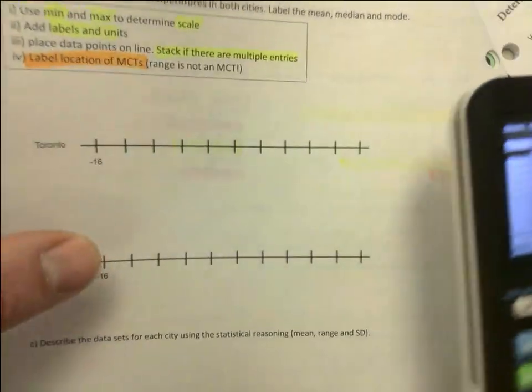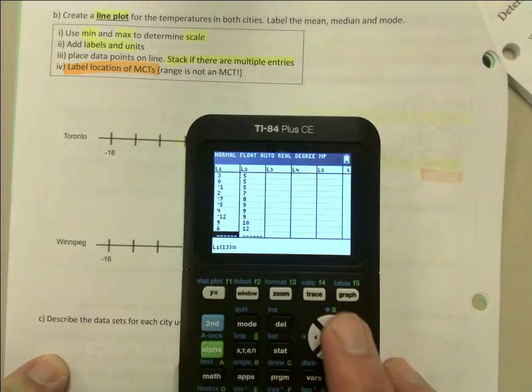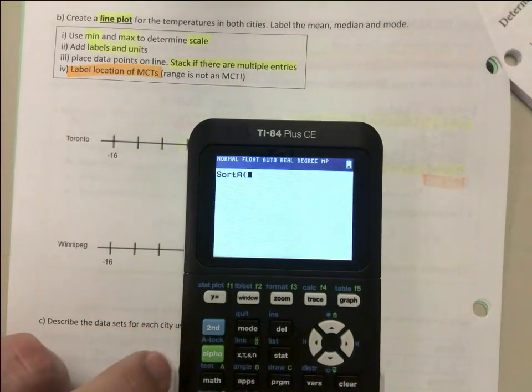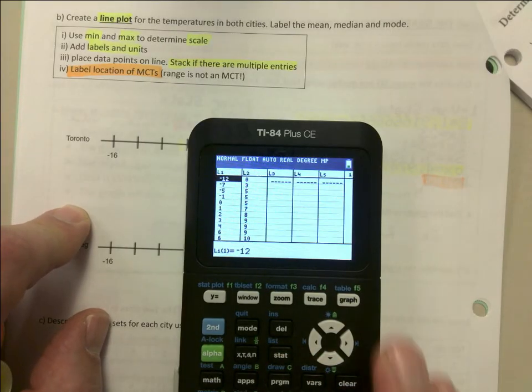Sorry guys, I have to redo this. 6, 1, 3, 0, negative 1. Okay. Make sure, guys, especially for this one, make sure you sort it. Okay. For number lines, sorting is key. So I have it sorted.